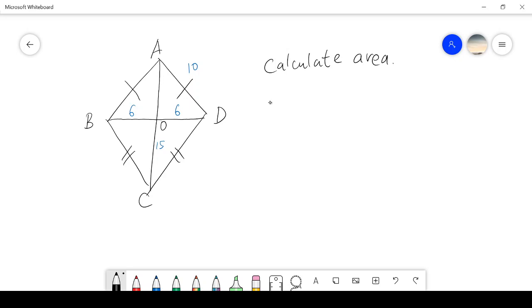So the first thing we should do is we write down our formula. So half the product of my diagonals. So half of AC multiplied by BD. If you look closely, we can see that BD is 6 plus 6, which is 12. So half of AC multiplied by 12.